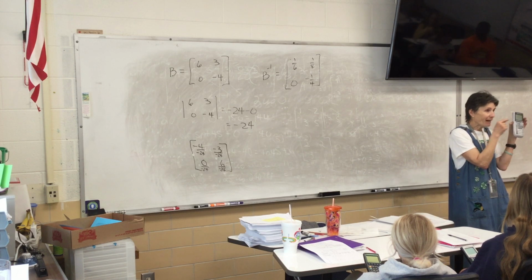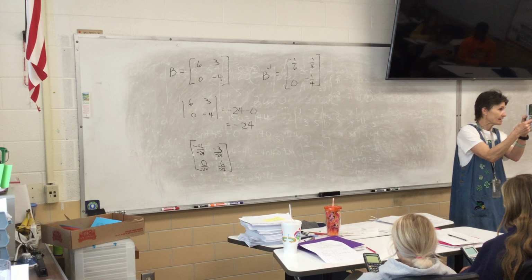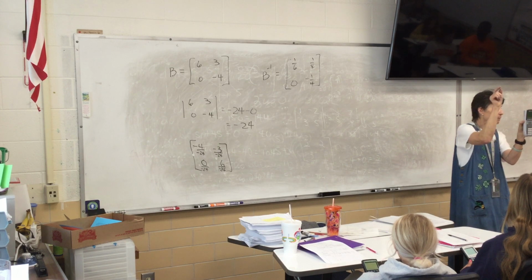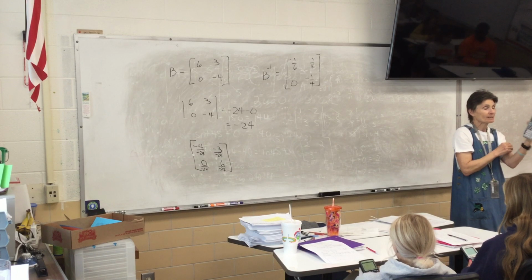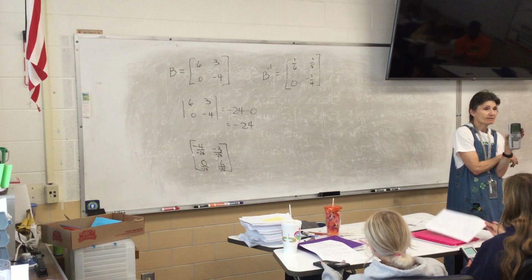Don't second. See how it says X to negative first? That's your inverse button. Just press it. Now it put a little inverse sign on your matrix. Press enter. And there is your inverse matrix. So that's the inverse.